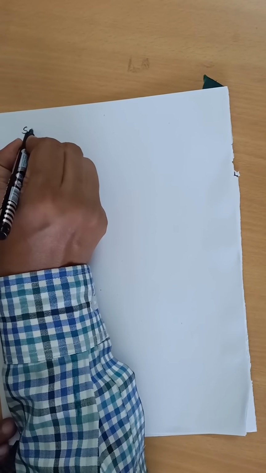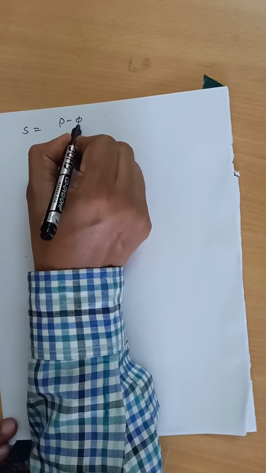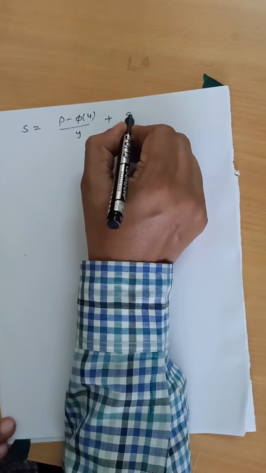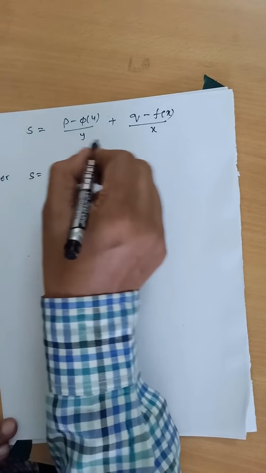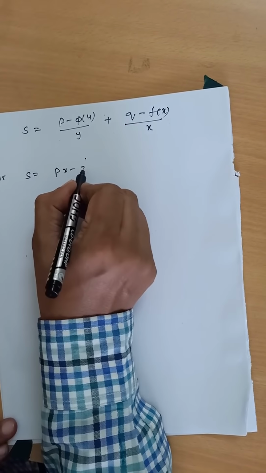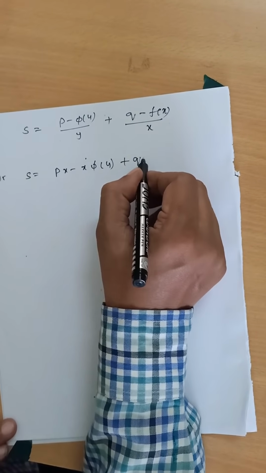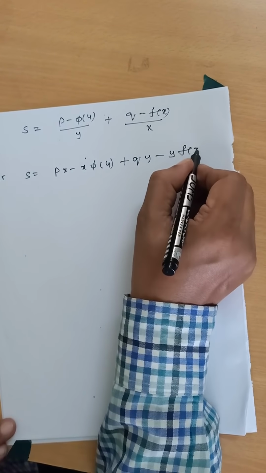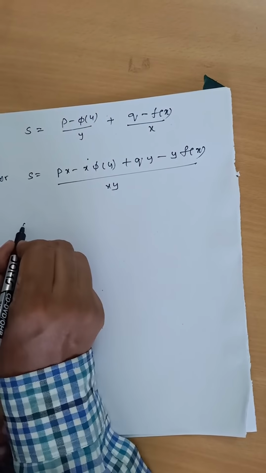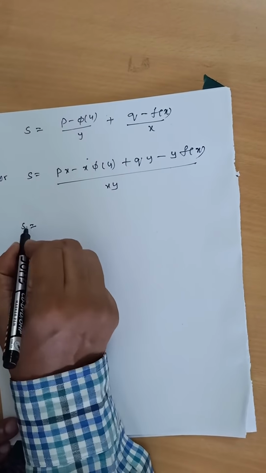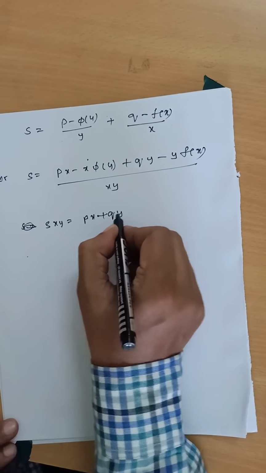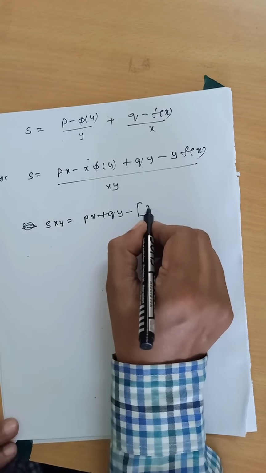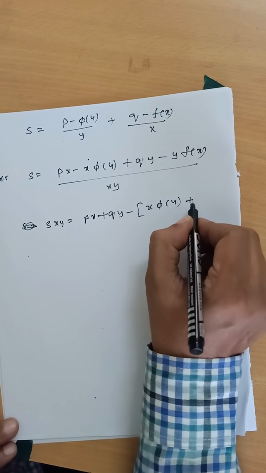That is, S is equal to (p minus φ of y) divided by y times (q minus f of x) divided by x, or simplifying this for convenience, (x φ of y plus q y minus y f of x) divided by xy, or S xy is equal to px plus qy minus (x φ of y plus y f of x).